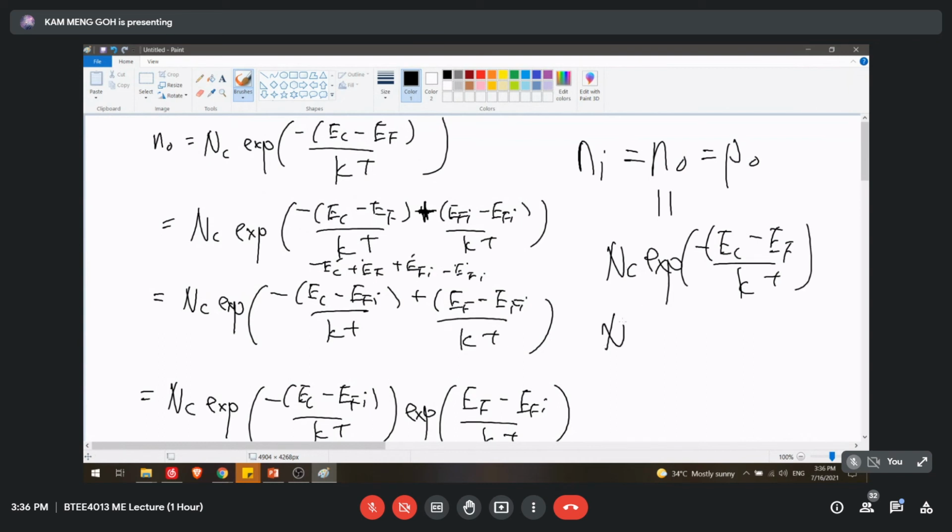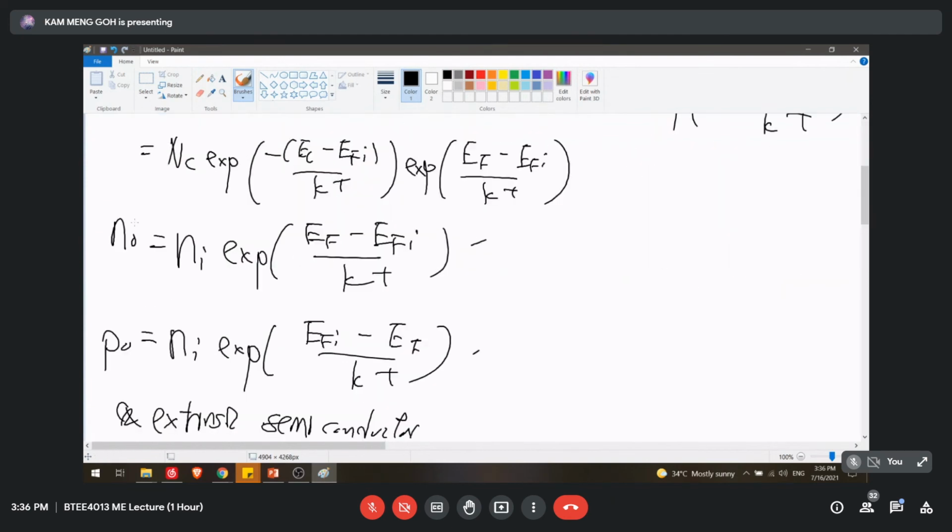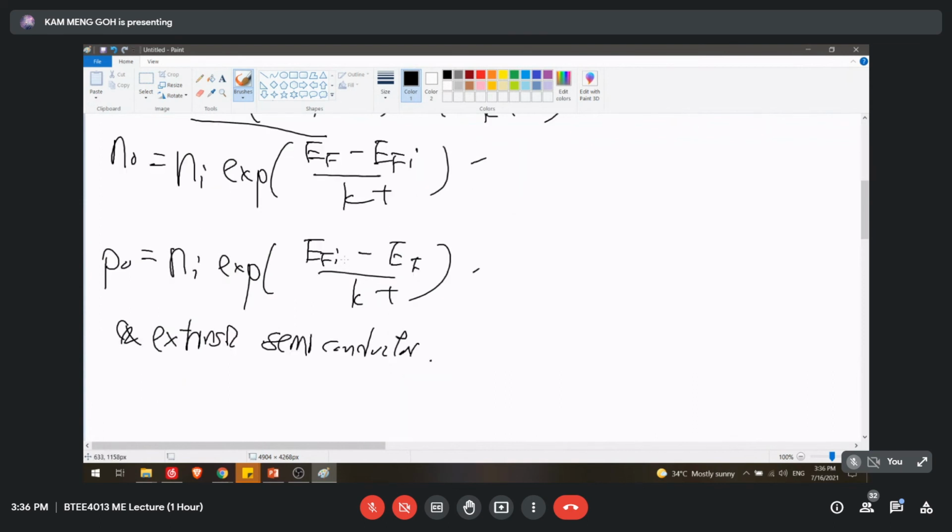PO will be equal to NV exponential EF minus EV over KT. So that's why we are trying to equate Ni to this formula, then we replace it somewhere inside here. So that's why we get this formula, but this is for the extrinsic semiconductor only.